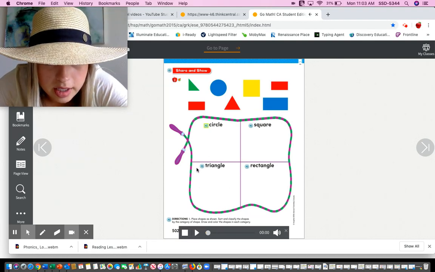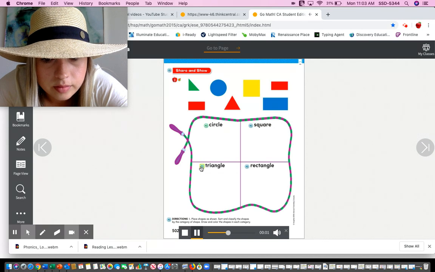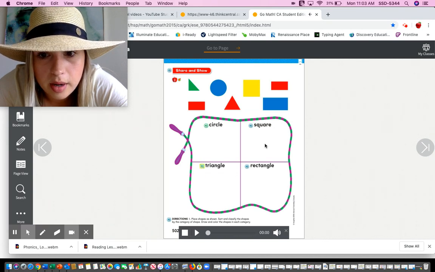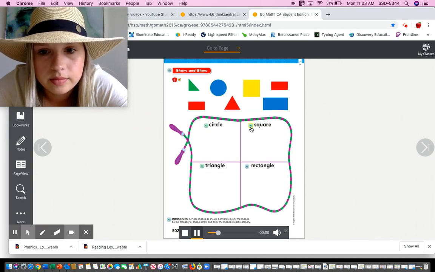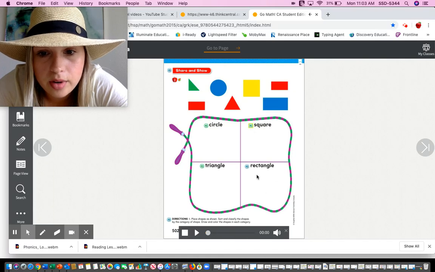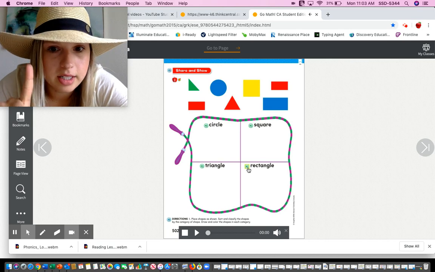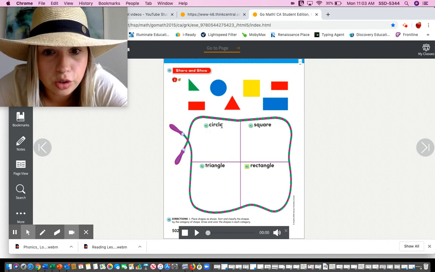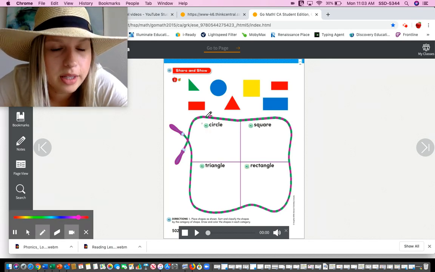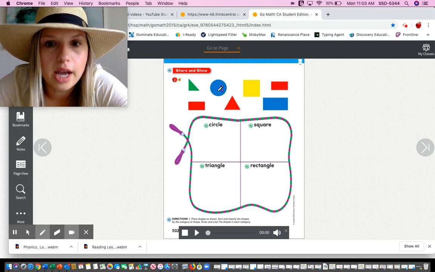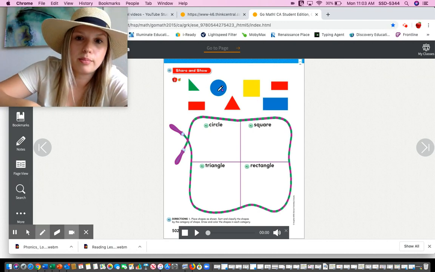This box here says triangle. This box here says square. And the bottom one says rectangle. Let's do one shape at a time. We're going to start with the circle. So get your pencils ready. Find the circle and then draw a line into the box.